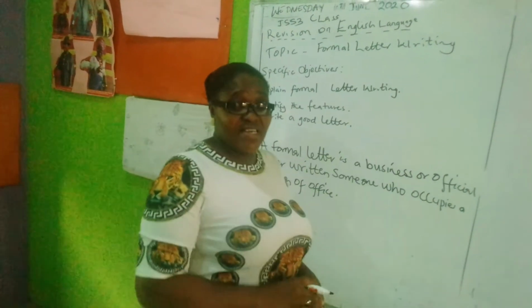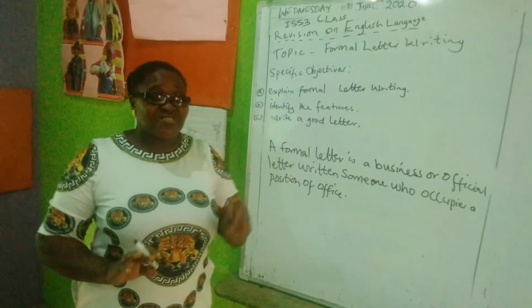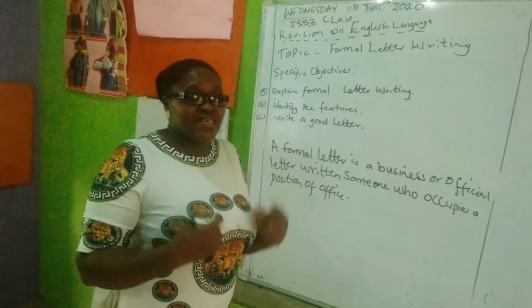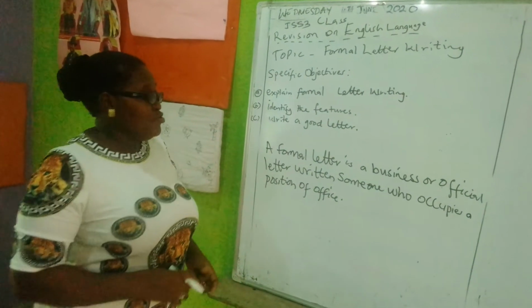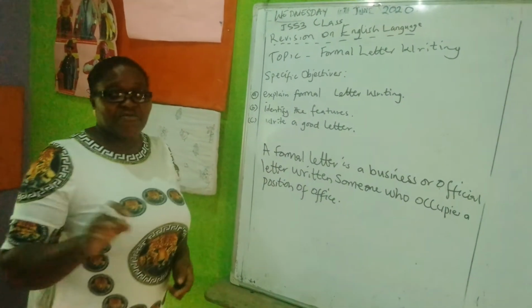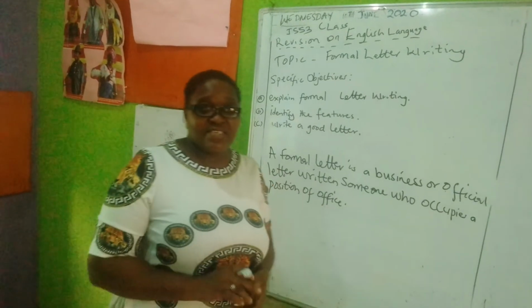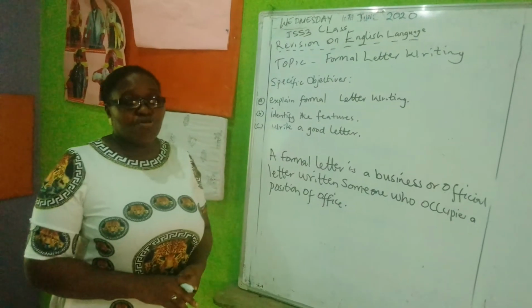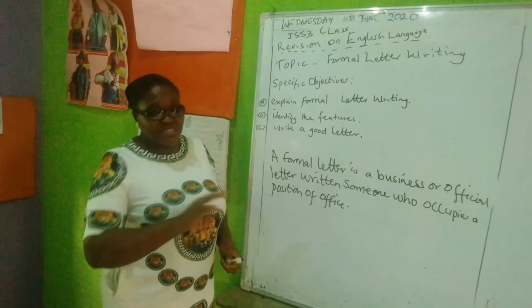Like I said earlier on, the letter is addressed to the office of that person and not to the person as an individual. So the difference between a formal letter and an informal letter is that a formal letter is an official letter. It is written as a business letter.